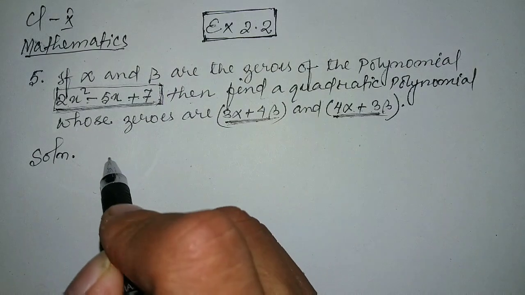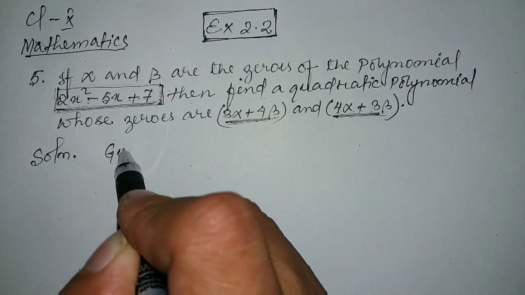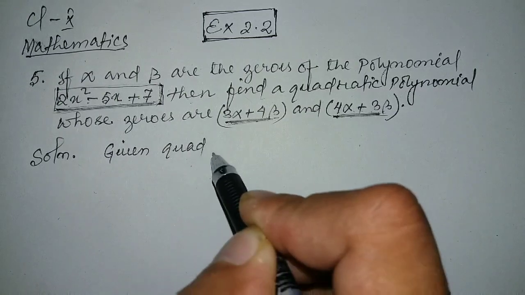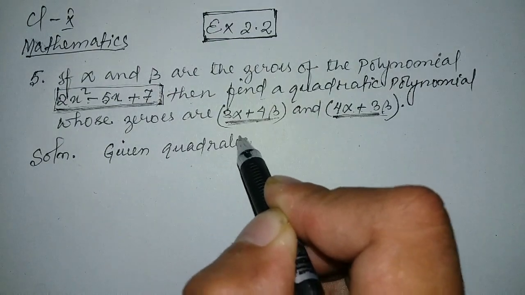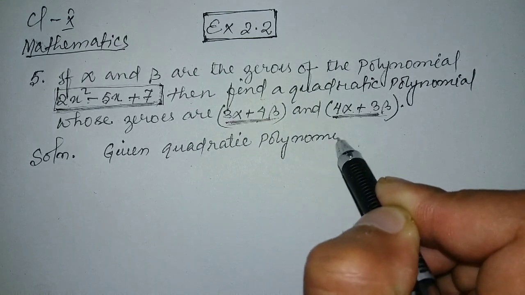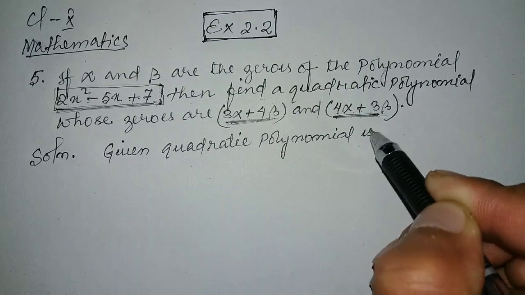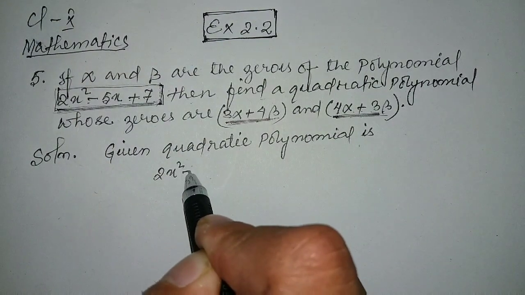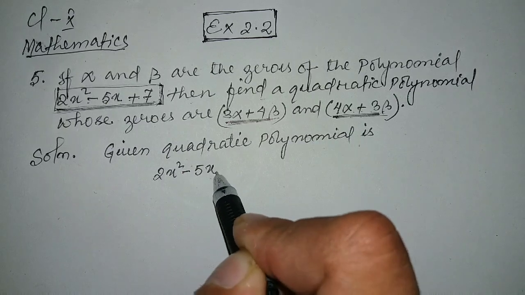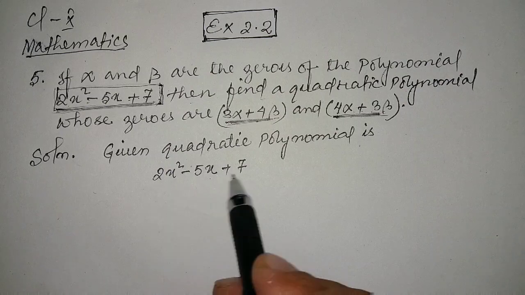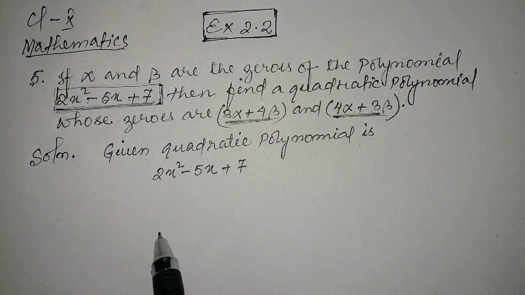So let's say the given quadratic polynomial is 2x squared minus 5x plus 7. Now this is our quadratic polynomial which is given here in the question.